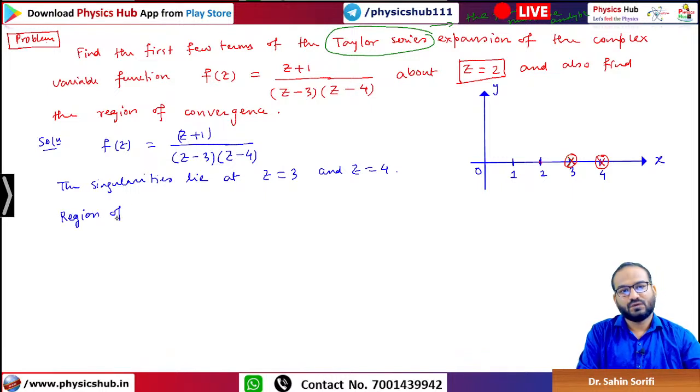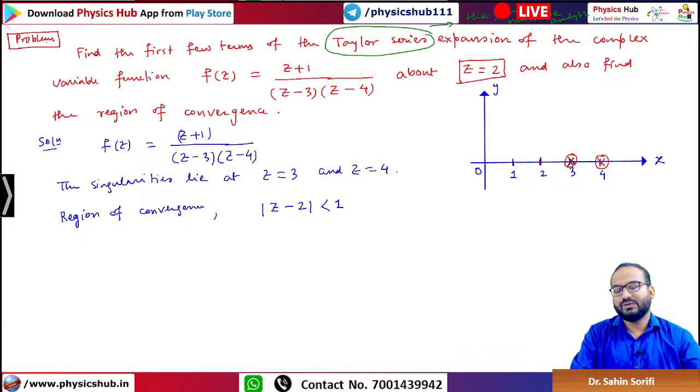If you want to expand it about z equals 2, the region of convergence should be mod z minus 2 less than 1. If it is more than 1, then it will include this point 3. Try to understand it very carefully. This is a very interesting thing.